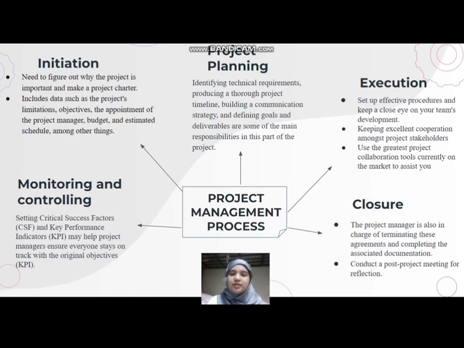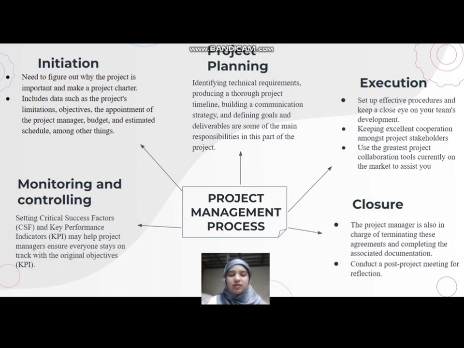And the third one is execution. Set up effective procedures and keep a close eye on your team's development, keeping excellent cooperation amongst project stakeholders, and use the greatest project collaboration tools currently on the market to assist you. The fourth one is monitoring and controlling.